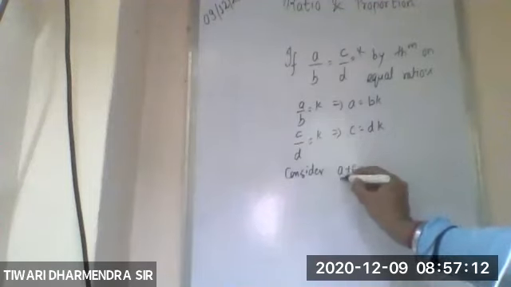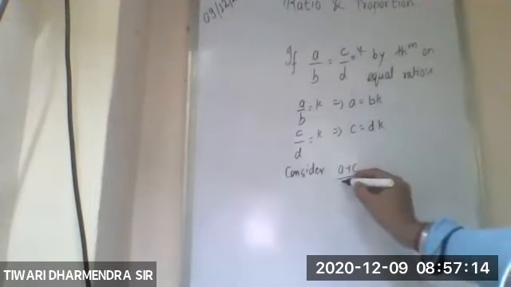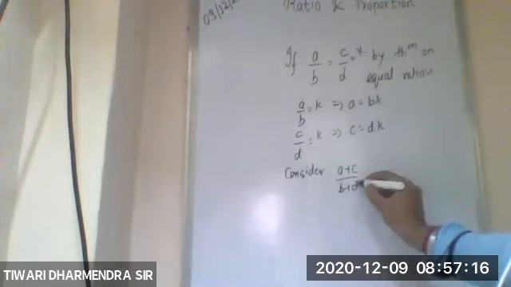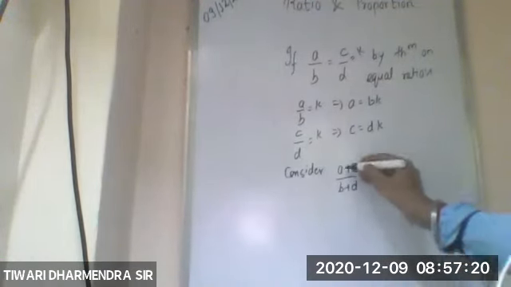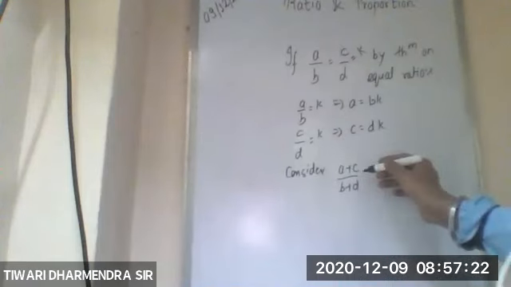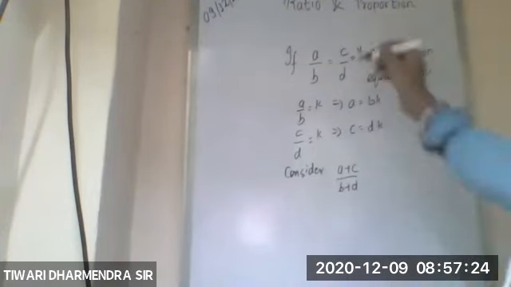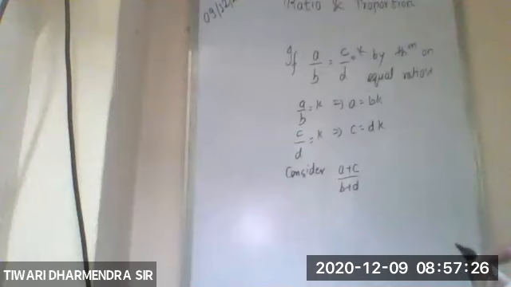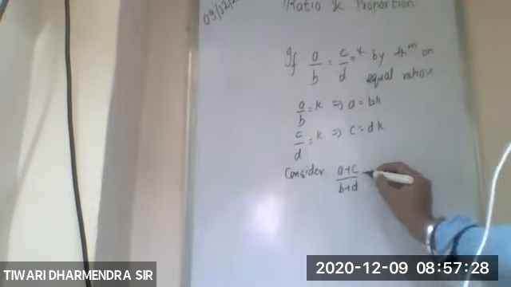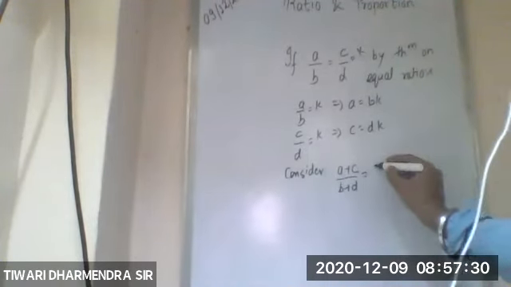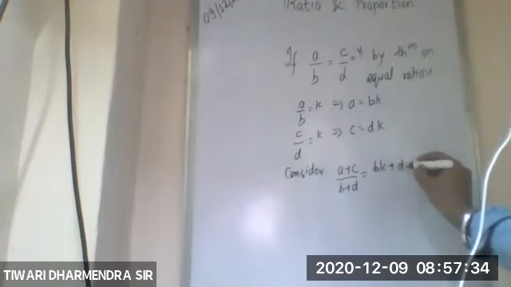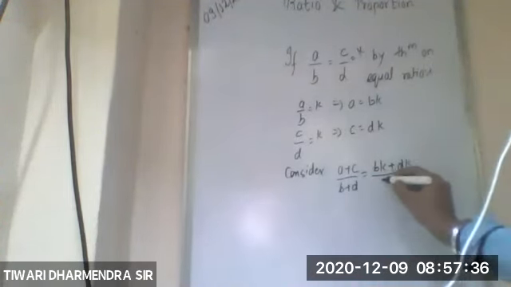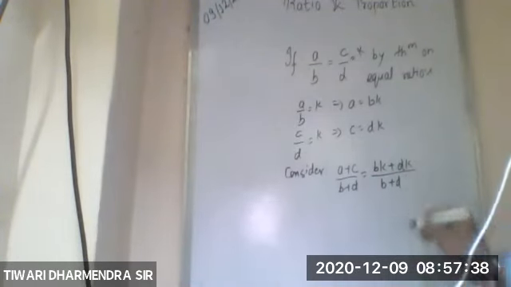Okay. So now consider a plus c upon b plus d. Because we need to prove this is equal to k. Once it is equal to k, it means they are equal. And similarly we can do it for subtraction. So the value of a is bk plus the value of c is dk divided by b plus d.